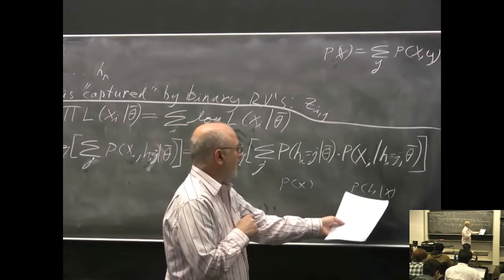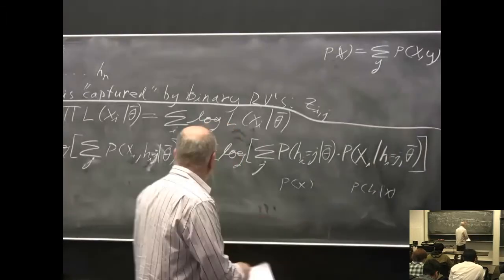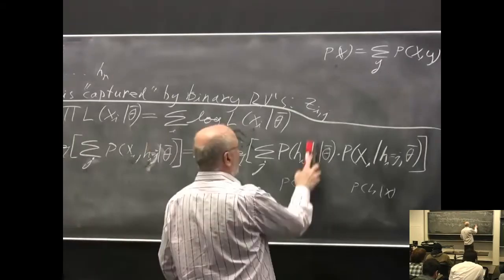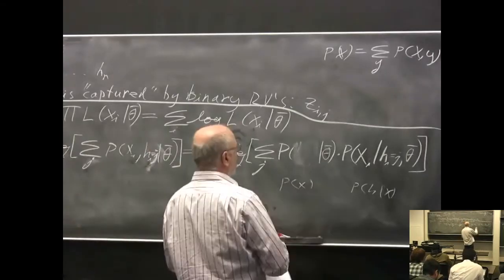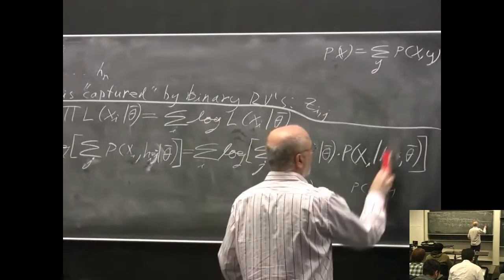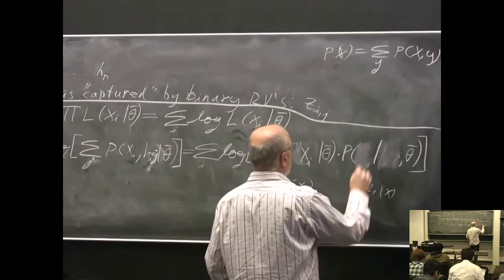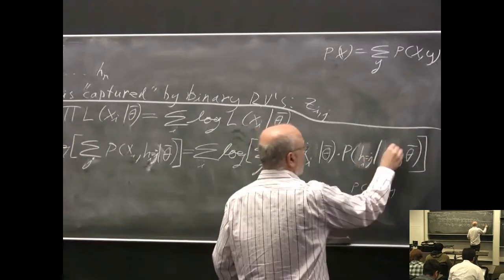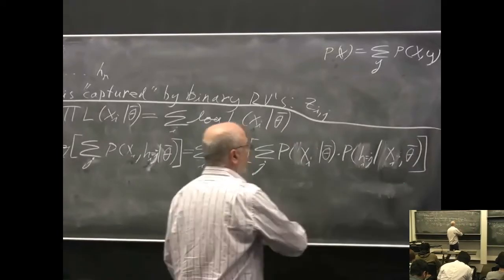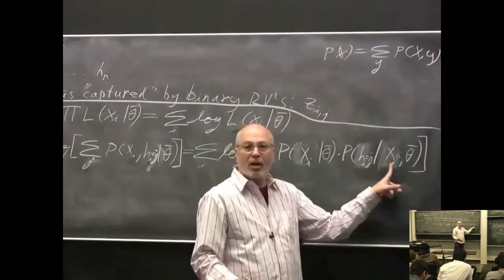So that might be, yeah, okay, I think it's the other way around. I just have to break it down in the opposite direction. So P of xi, and here it's, yeah, P of hi equals j given P of xi. So I still use the chain rule, let's just use it in the opposite direction. I broke it into P of xi times P of hi equals j given xi.